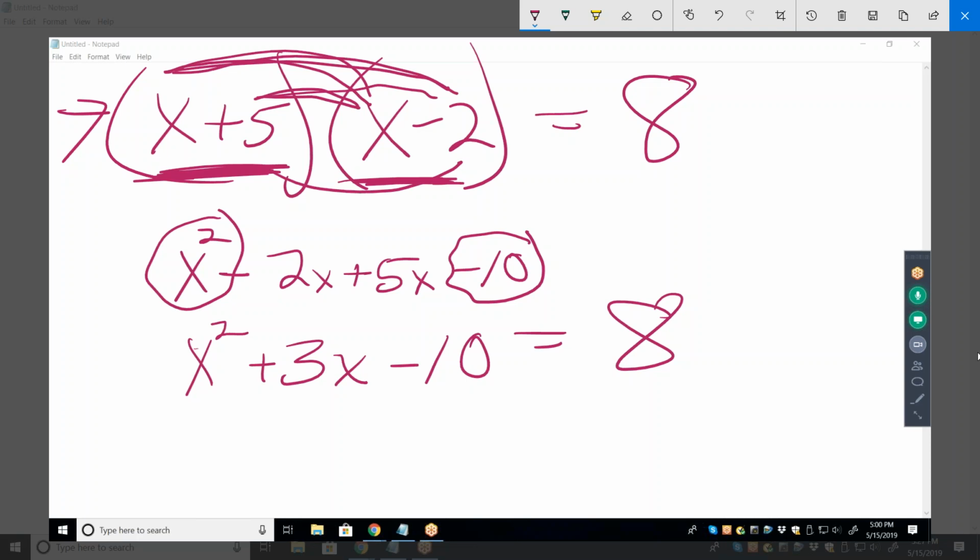You have to set it equal to 0. Okay, how do I do that? What do I have to do to both sides of the equation? Add 10. No. If I'm setting it to 0, I got to get rid of this 8.